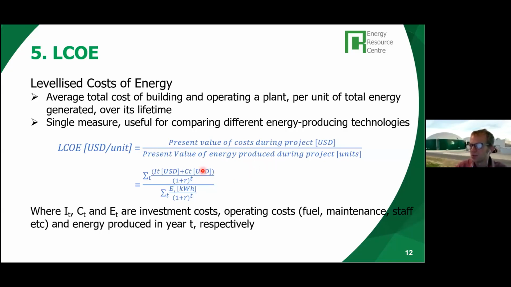So basically what you get is the sum of the discounted cash flows of all the years divided by the energy produced in each of the project years discounted, and you divide them, and that's how you get to the levelized cost of energy.